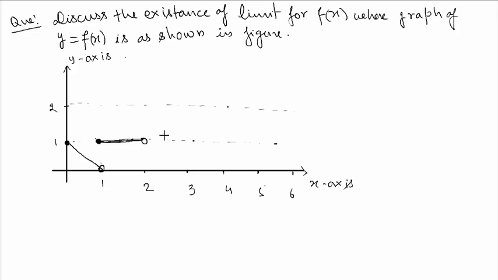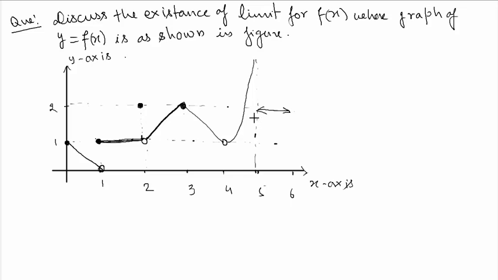And from 2 to 3, at 3 we have this, connected by a line. At 2 we have the value of the function at 2 is this, and at 4 like this, 5 this is like this, asymptotic behavior, and at 6 we have a situation like this.